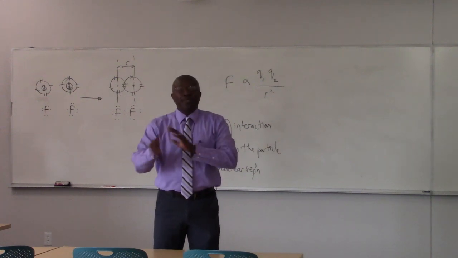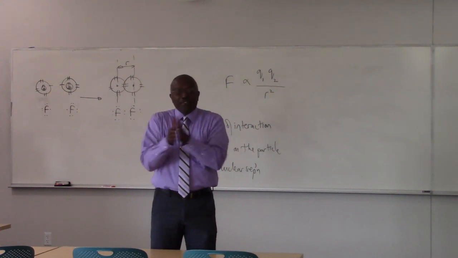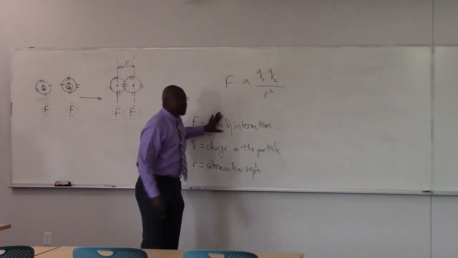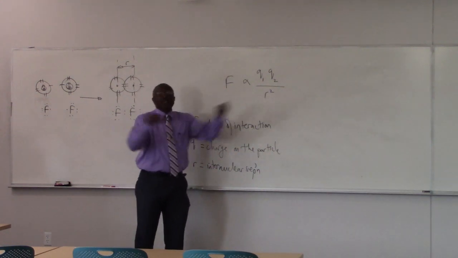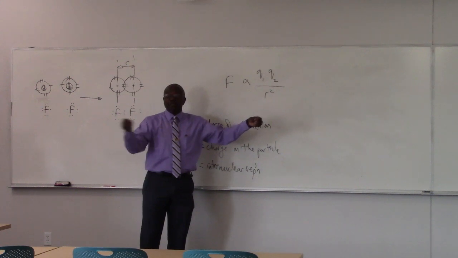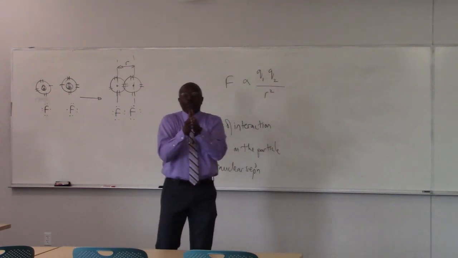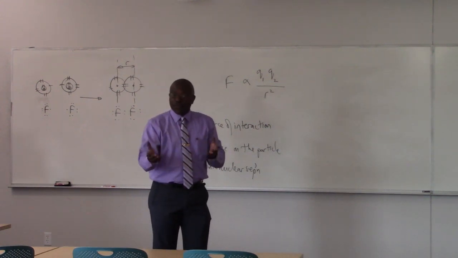When they are opposite charges, the interaction is attractive. So F, the force of interaction, could be interpreted as the repulsive force between particles, or for our discussion, the attractive force between the particles, or the bond strength. Right? The bond strength.